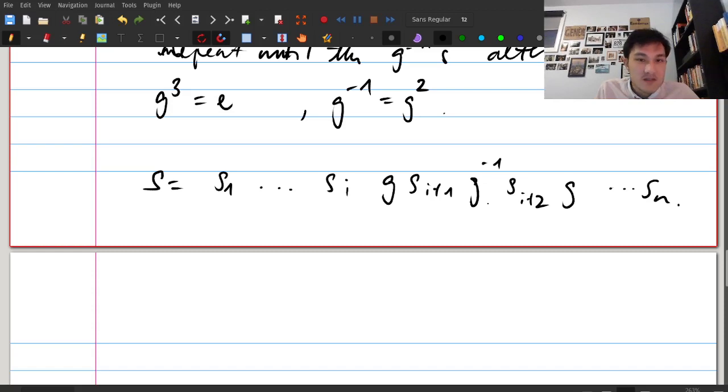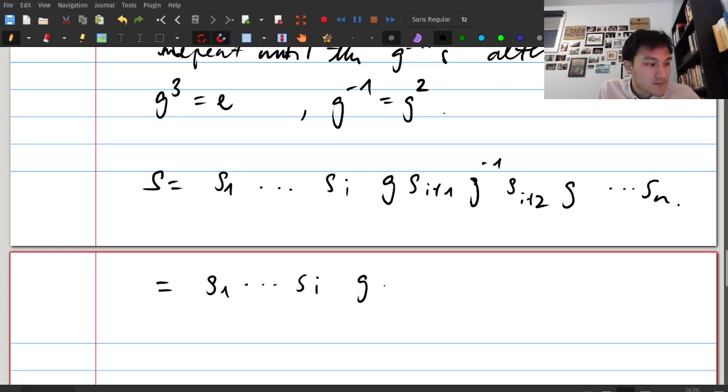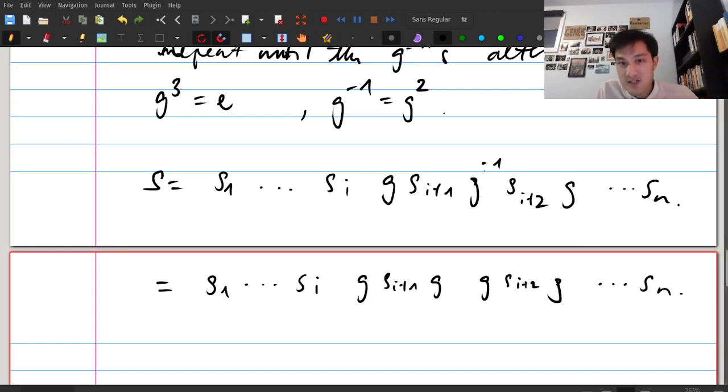Since this G inverse is actually G squared, we can say this is equal to S1, Si, G, G, Si plus 1, G, and then G, Si plus 2, G, Sn. So we've just changed G inverse to G squared here, and I've put spaces to organize everything.